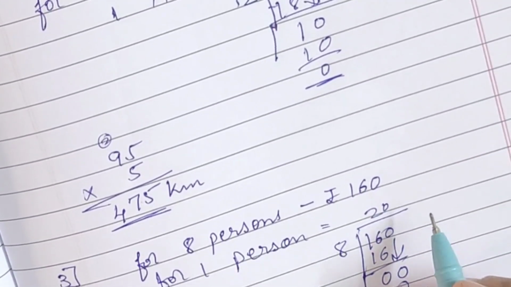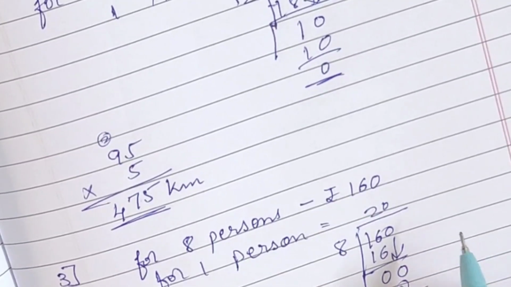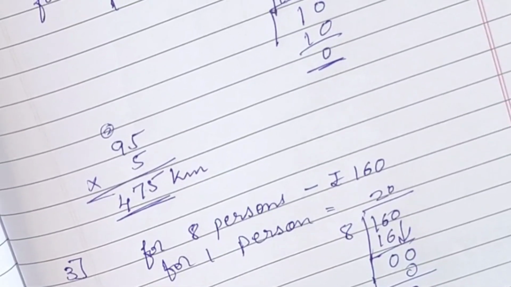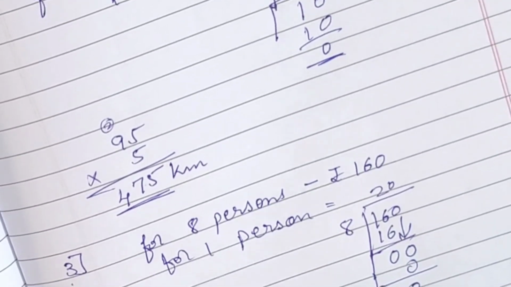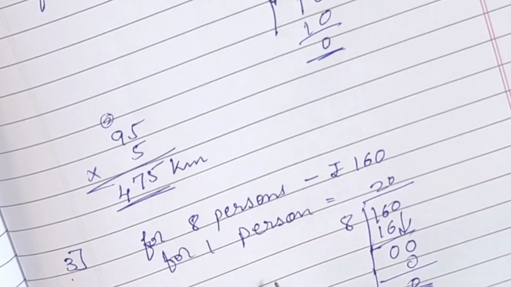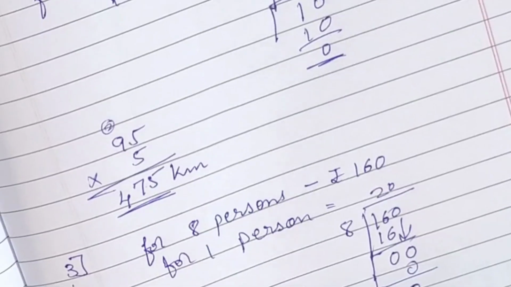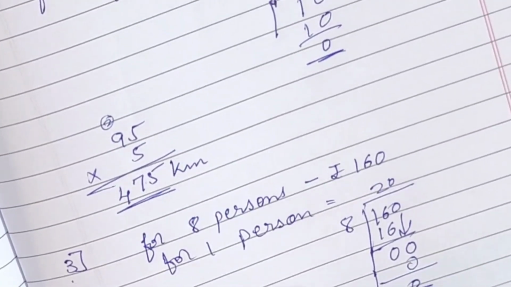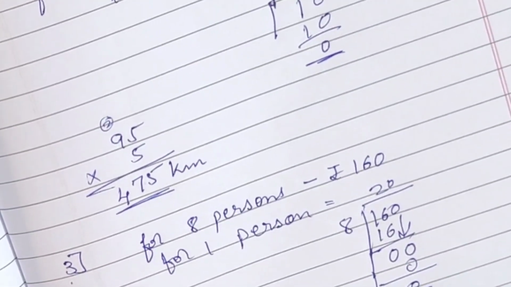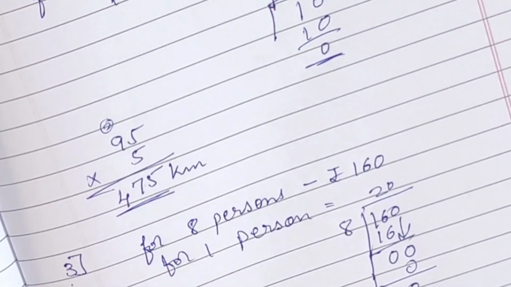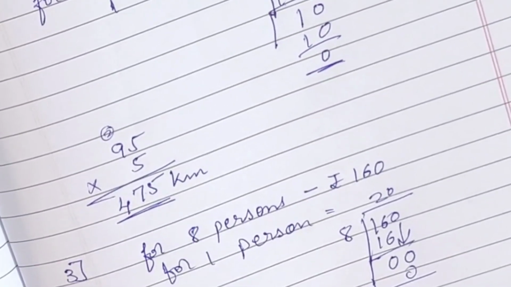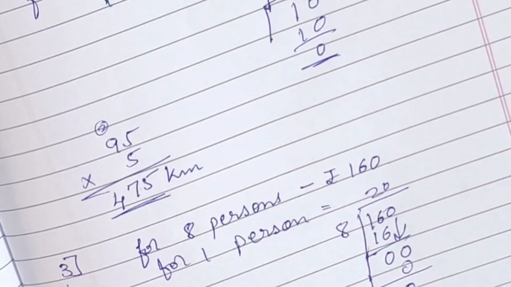For one person, it's 20. Now, how much does it cost for 6 persons? 20 into 6. You have to multiply this. So, answer is 120 rupees for 6 persons. Understood?